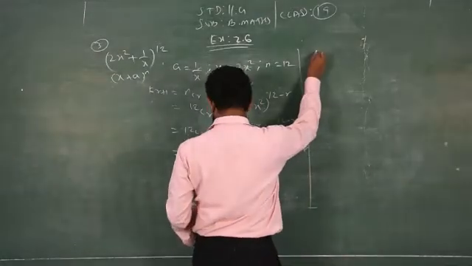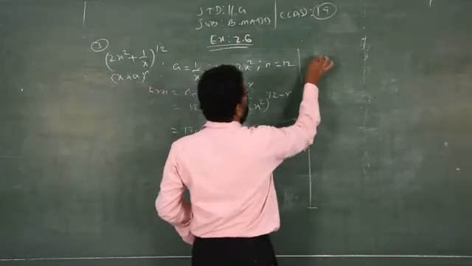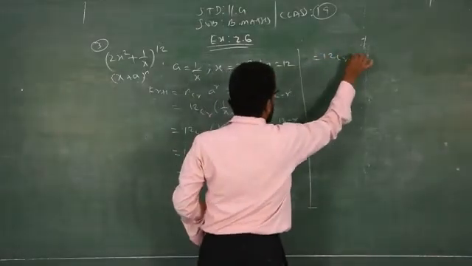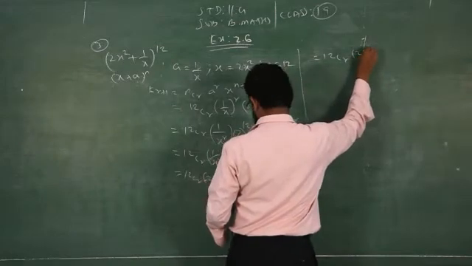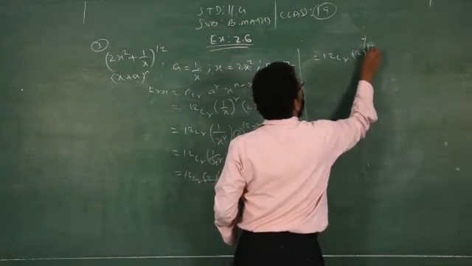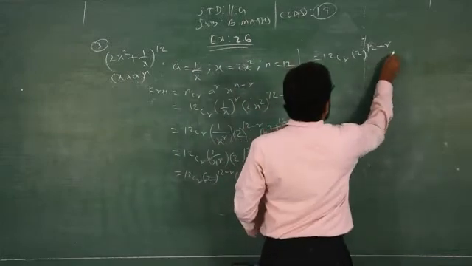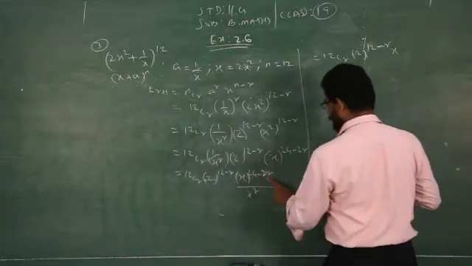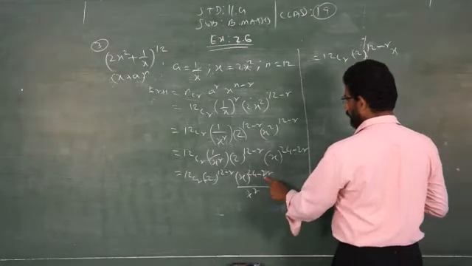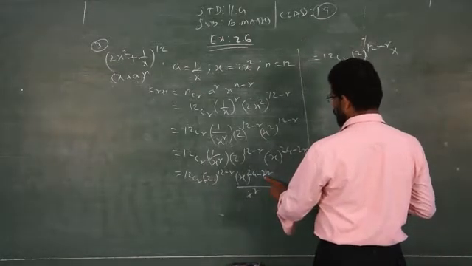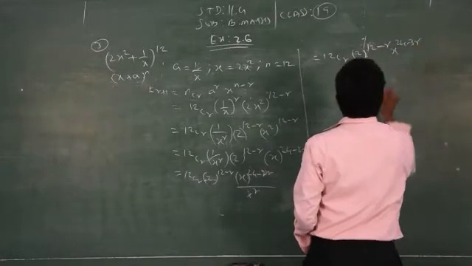So now you have to write 12Cr, 2 power 12 minus r, x power 24 minus 2r minus r, so 24 minus 3r.